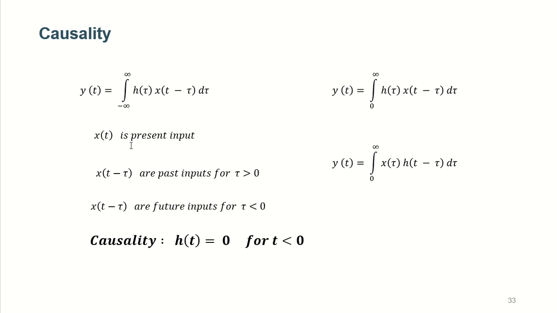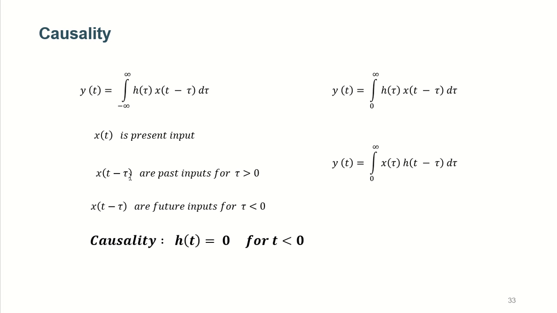How? Let's consider a few cases. Let's take tau equal to 1. What will the formula be? x of t minus 1, right? As you are considering t minus 1, it is a past input to your t, because the present input is x of t.